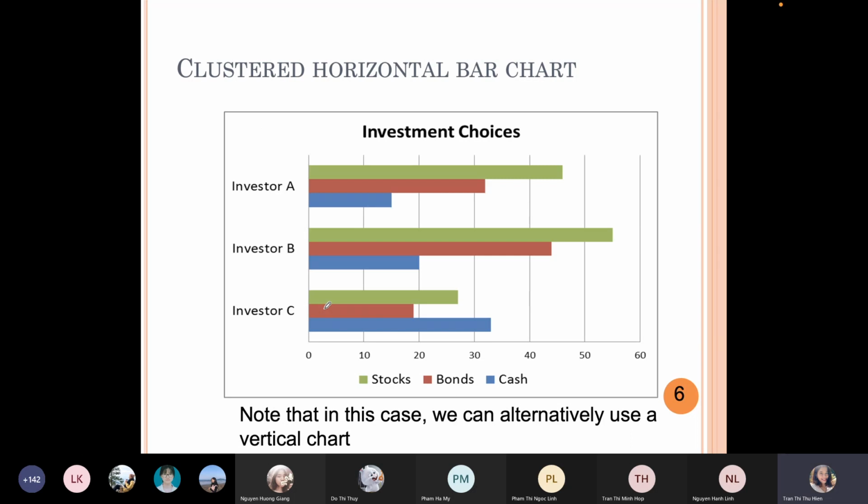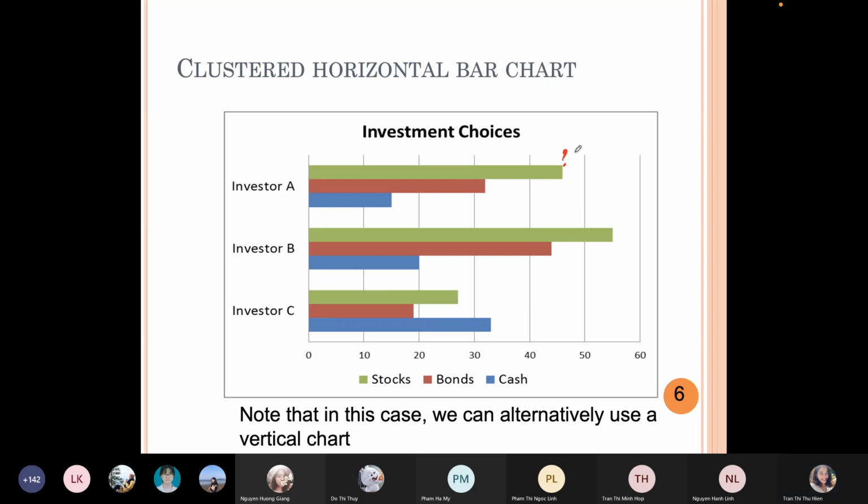But when you look at the clustered horizontal bar chart, it's not as clear for each stock, bond, or cash for each investor. But with the color bars here, it is easy to compare the stocks for each investor with the bonds and cash.